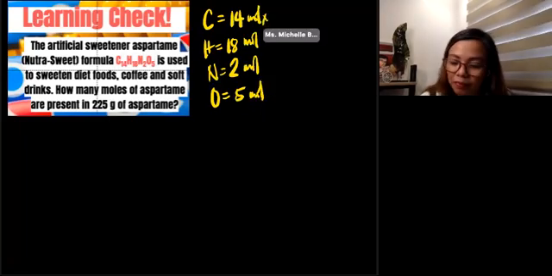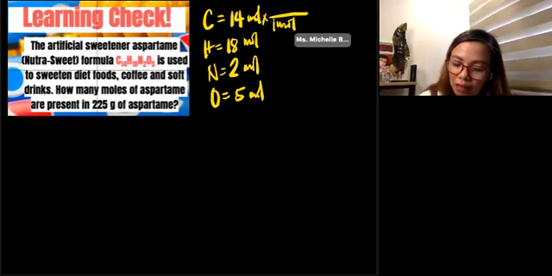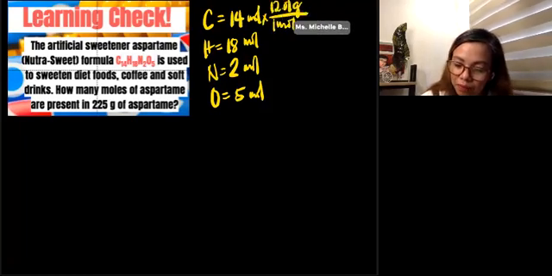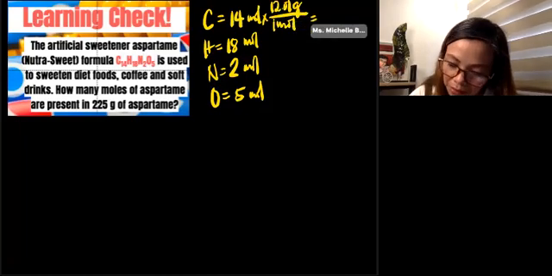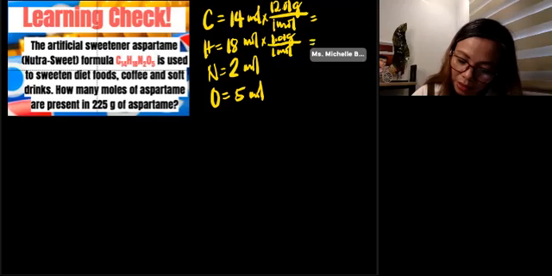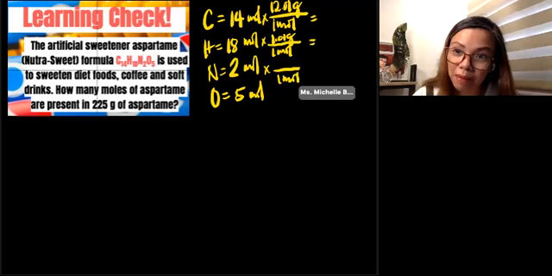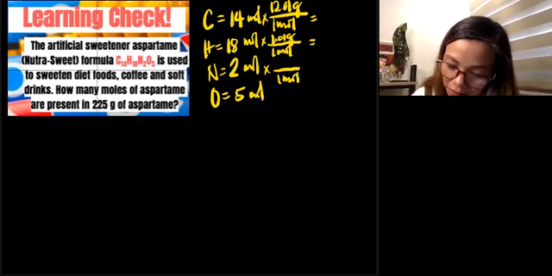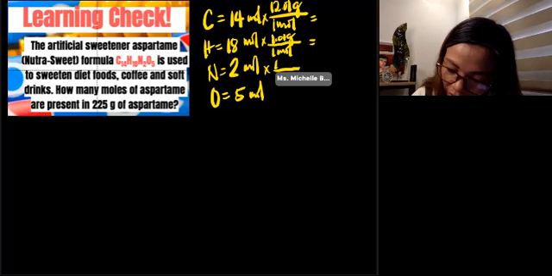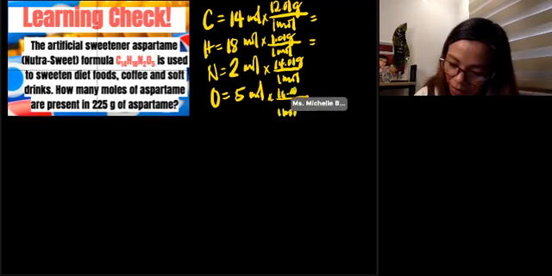Now, times 1 mole, and carbon is 12.01 grams. Then times 1 mole, and hydrogen is 1.01 grams. Then times 1 mole, take a look at where I place the mole to cancel out the unwanted unit. So I have 14.01 grams. And then for oxygen, you have 1 mole and 16.00 grams.